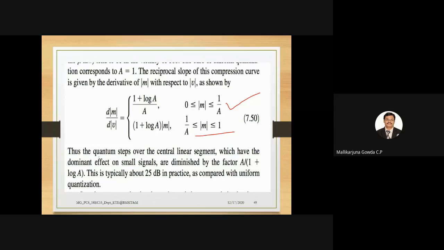The step size over the central linear segment will have a dominant effect on small signals and is diminished by the factor A divided by 1 plus log A. This is around 25 dB as compared with uniform quantization.